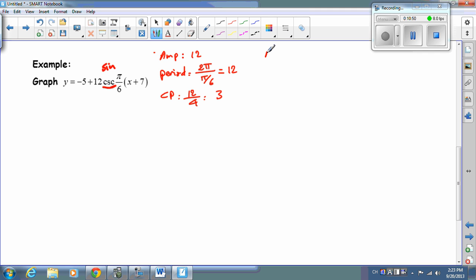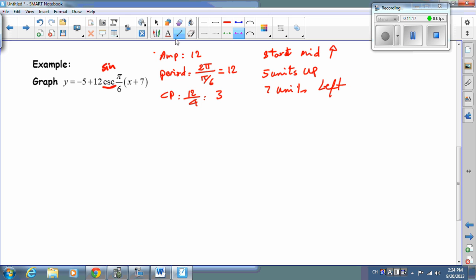Since it's a sine, we know we start in the middle, going up because it's positive. The shift, we will have 5 units up, and we will have 7 units to the left.